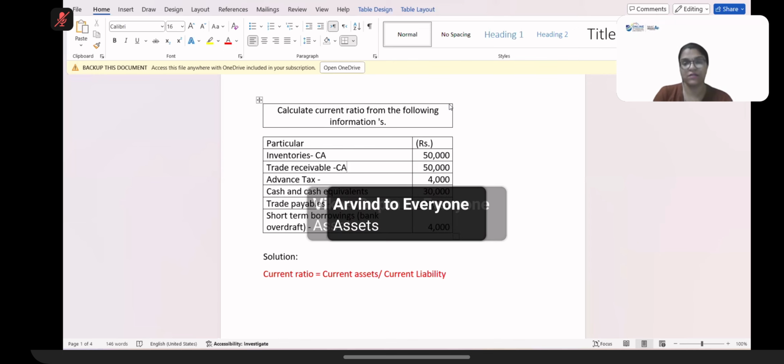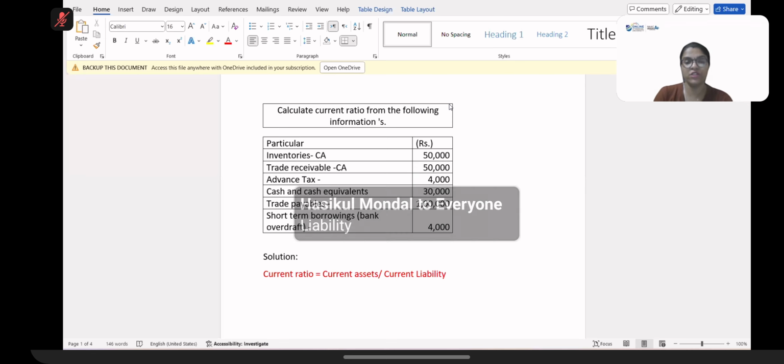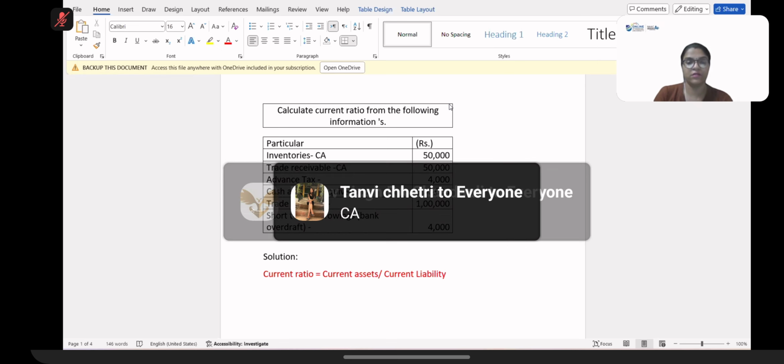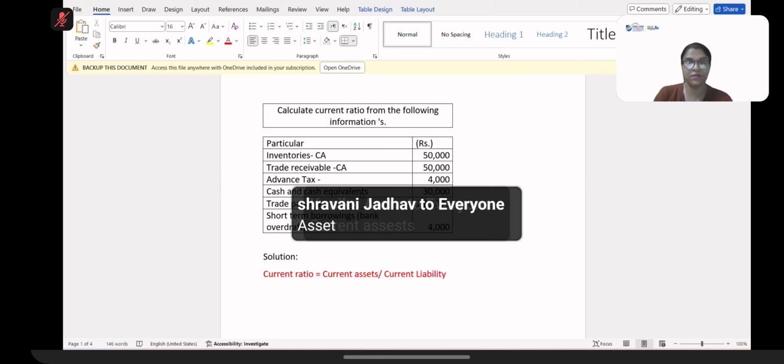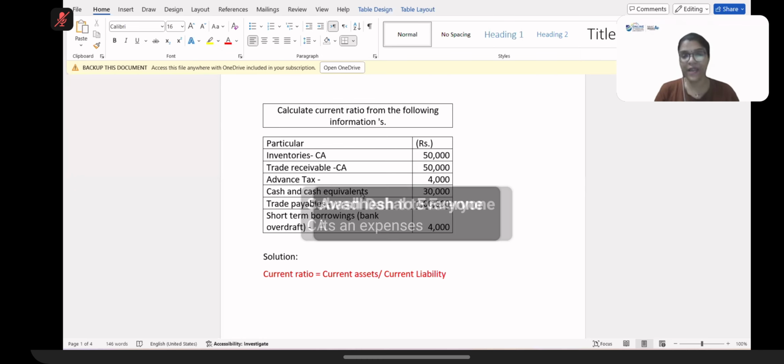Advance tax. No, it's not liability. Advance means you have paid before. Prepaid. Advance is what? Prepaid.